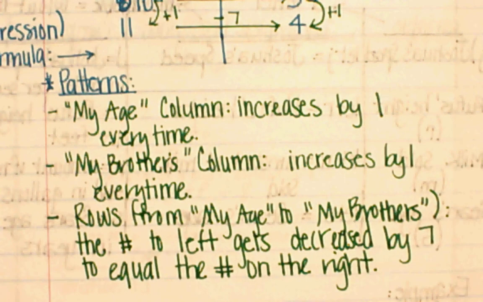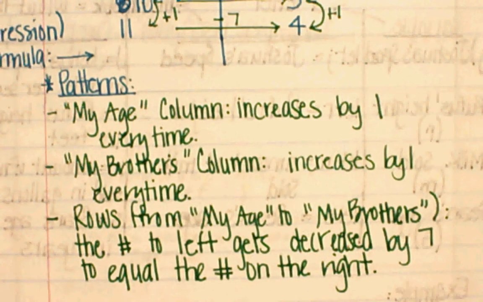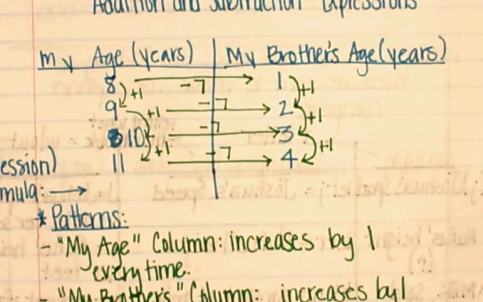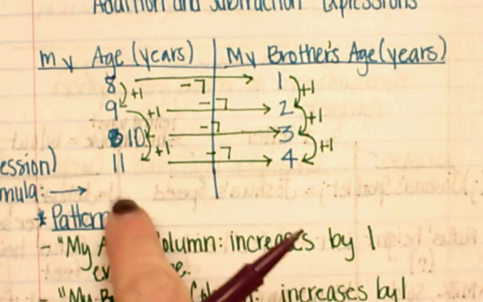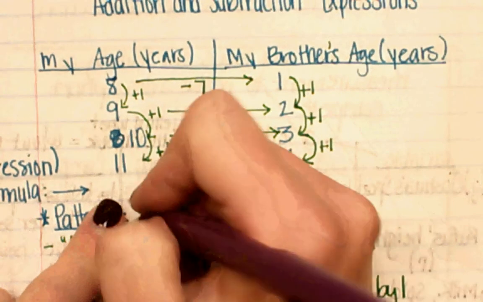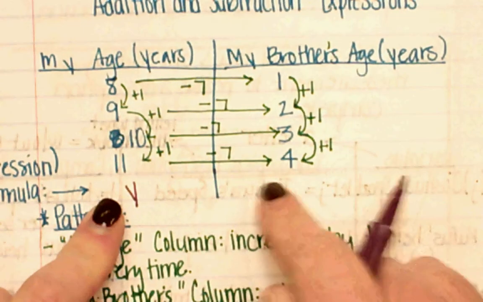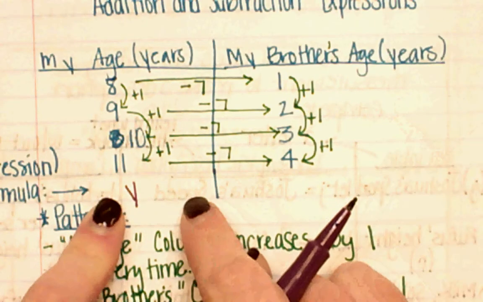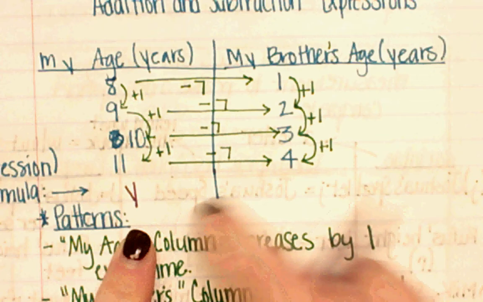So now that I found these patterns, I'm going to solve for the formula. Sliding back up my table so I can look at it better, how would I find out my age in years? So if I don't know my age, but I know my brother's age, how would I find that?